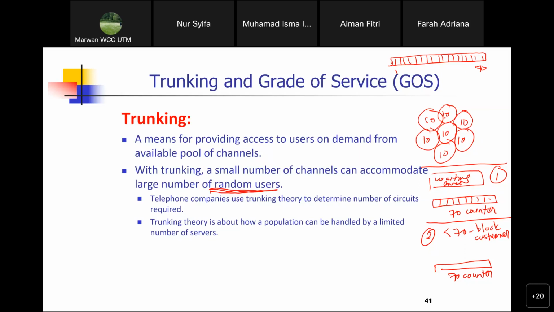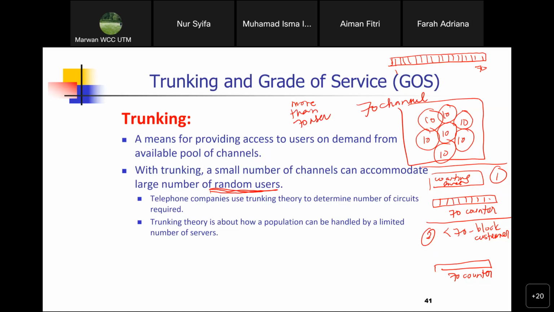We don't have 70 coming at once. So by having a grade of service, our first cluster, which has only 70 channels, can actually serve more than 70 users if we use trunking theory.